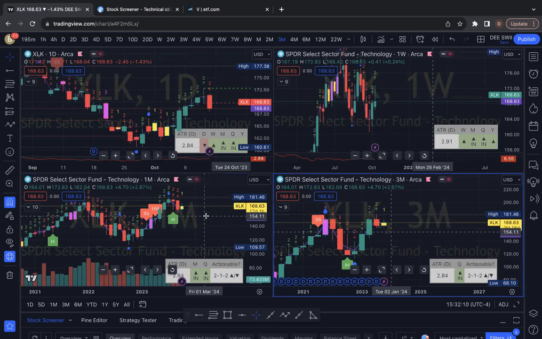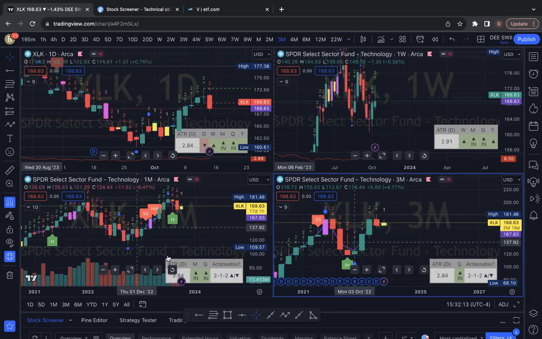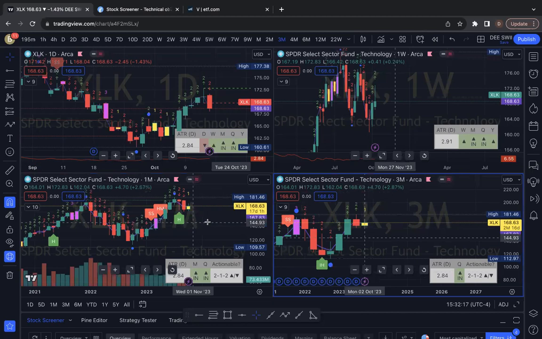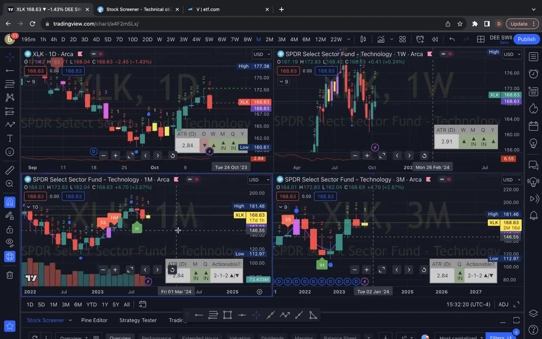Some people look at 6 months and a year, but this is my setup: day, week, month, quarter. That's what I care about. And then I go into the hybrids to see what's going on. But the day, week, month, quarter, that is what I care about the most. I'll switch to a yearly just to see where it's at. I'll switch to a 6 months to see where it's at, but this is how I'm charting.